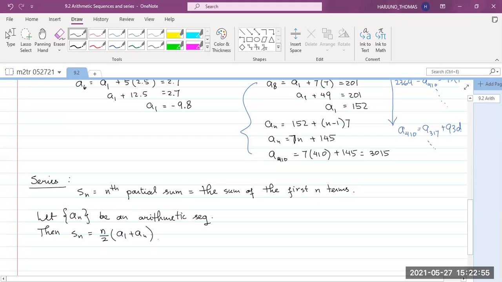Okay, now of course we also know that a sub n is the first term plus n minus 1 times the common difference, right?